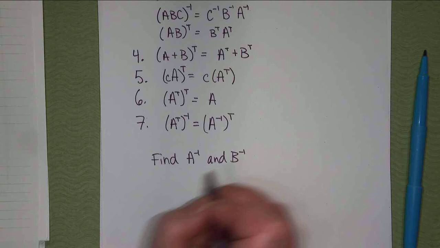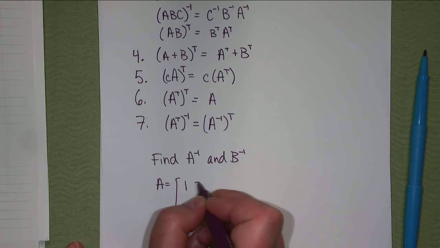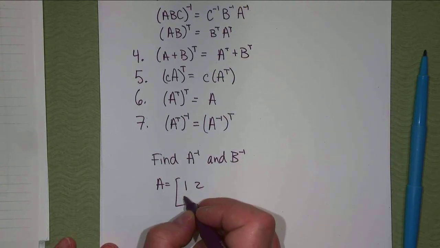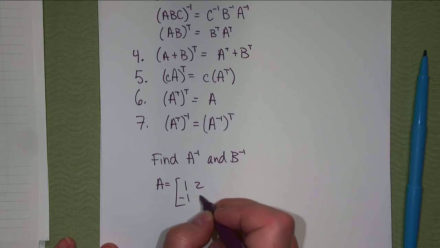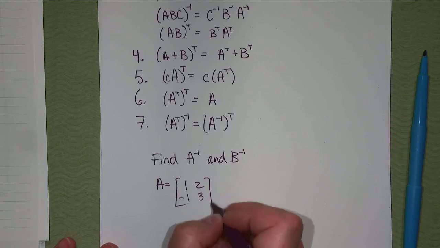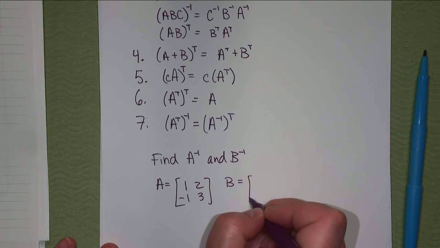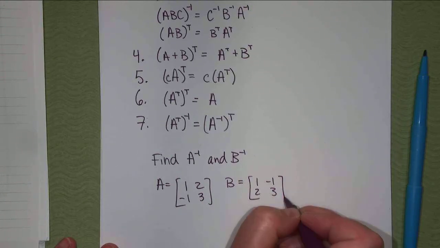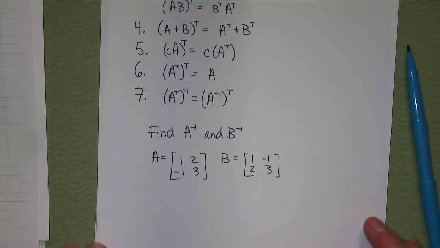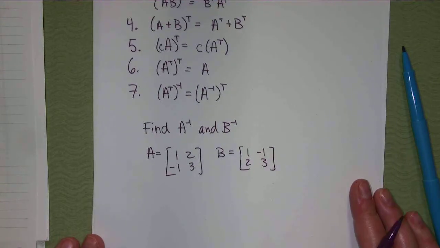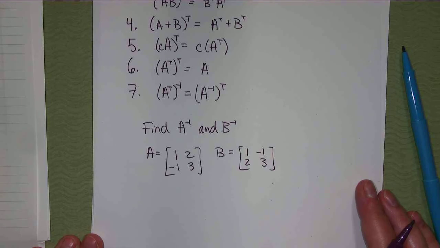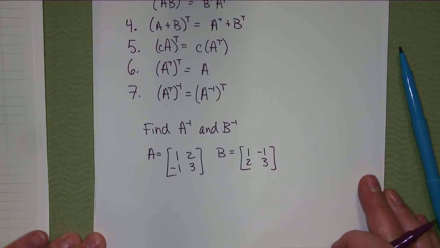Suppose A is 1, 2, minus 1, 3. And B is 1, minus 1, 2, 3. And you want to find the inverse of both of those. If you noticed that A and B are transpose of each other, then you only need to do the inverse once.